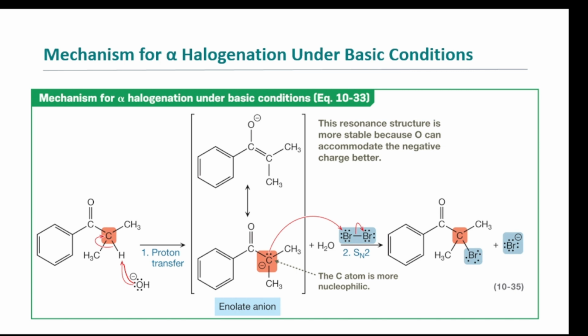In this case, it's going to cause the electrons to go up on that carbon. Now, what's next to this carbon? A carbonyl, right? And carbonyls can form resonance structures if you have a negative charge next to them. This gives us the enolate anion. It's enolate because it has the enol, i.e. a double bond with a carbonyl oxygen next to it.